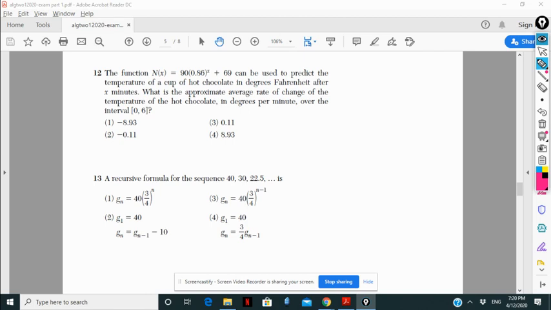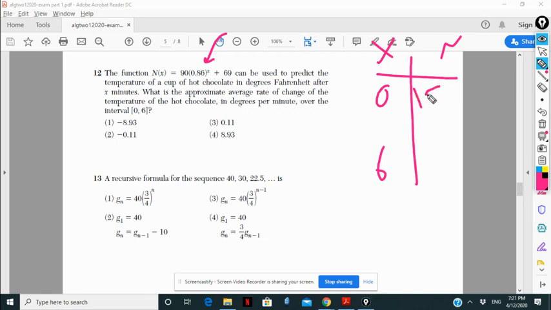What is the approximate average rate of change of the temperature over the interval 0 to 6? So first, x is 0 and 6, and here is the function. So I'm plugging in 0. 0.86 to the power 0 is 1. 1 times 90 is 90, plus 69 is 159.